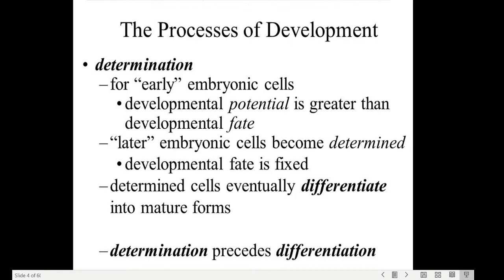The determined cell eventually differentiates once the embryo is ready for development. After a particular period, the cell enters the next level, the differentiation level, the maturation level.